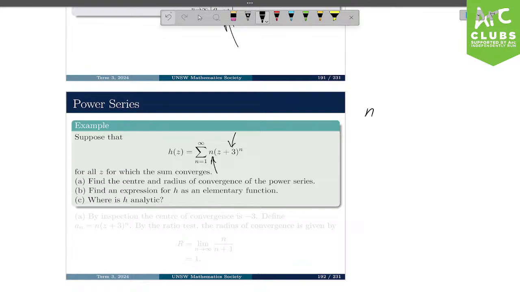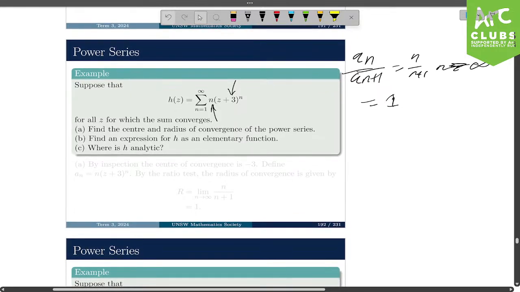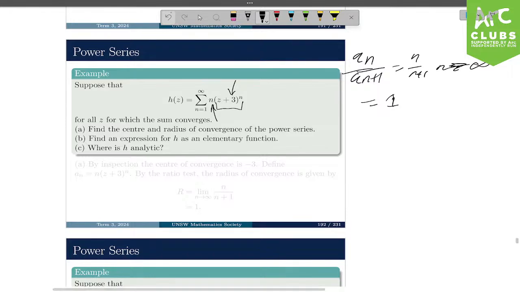Because with the ratio test, I perform a_n on a_(n+1), which is just going to be n on n plus 1, as n goes to infinity, which is just going to be 1. And so we say radius 1, that works. Fantastic. Because if I pick any value less than 1, this power decays exponentially. All good? All right.